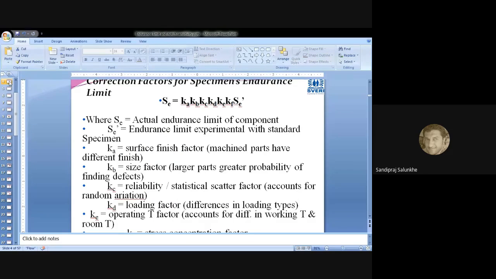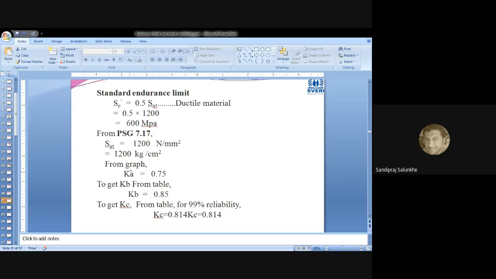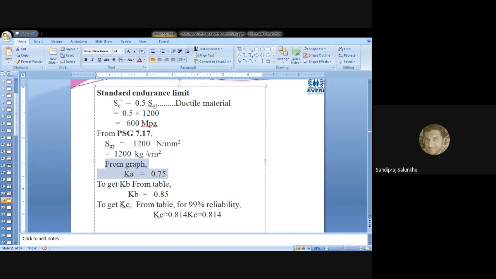Are you remembering what the Ka is? It is the surface finish factor, and that surface finish factor we have taken as 0.75. It is related to the SUT, and from the graph we have taken that surface finish factor.